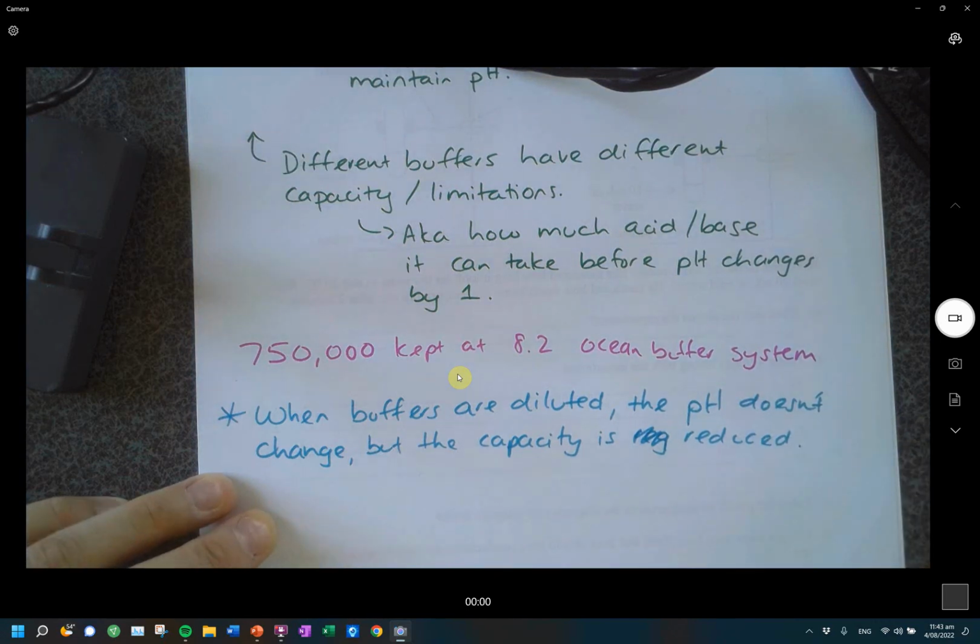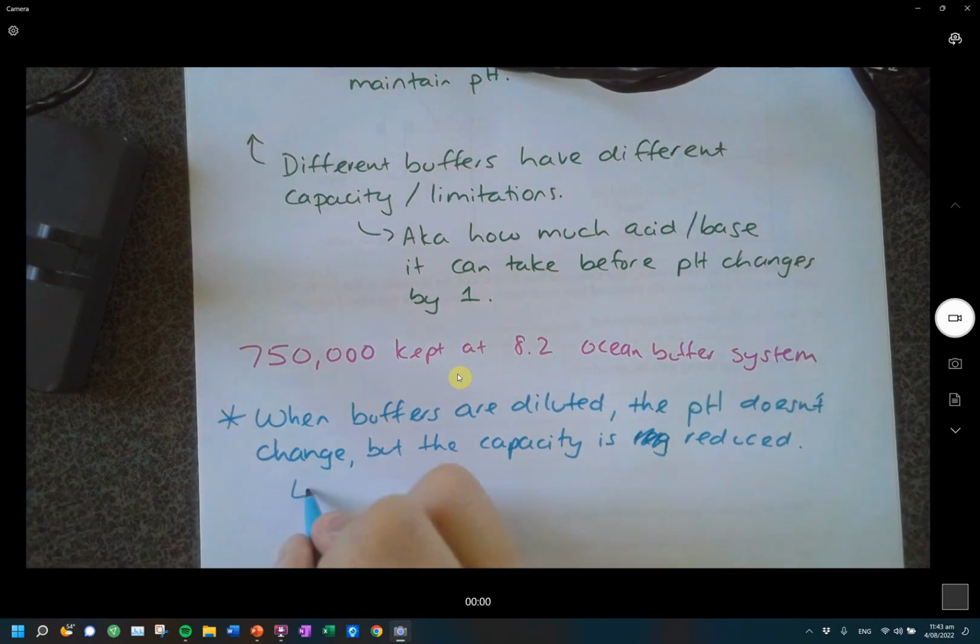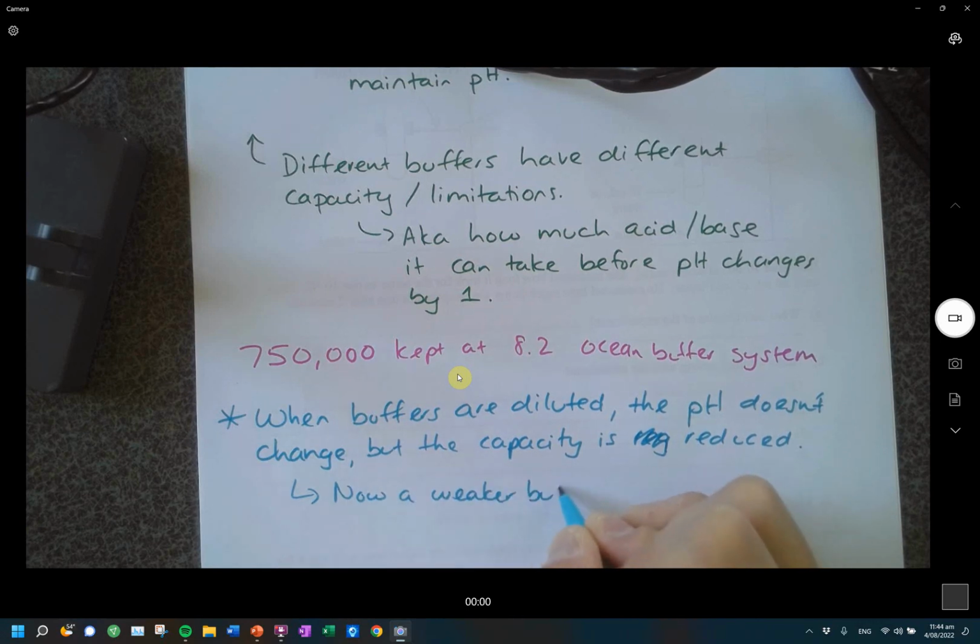And that means basically it's a weaker buffer, and so it's less resistant to change. Does that make sense?